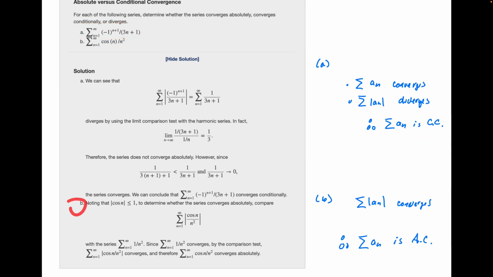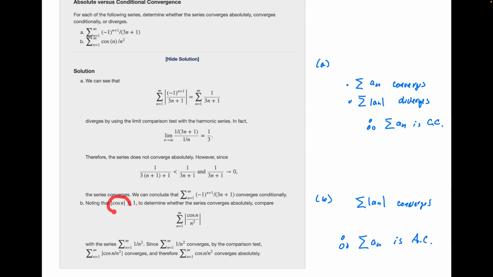How about part B? In part B, we're taking cosine as a numerator. Cosine can be positive valued, can be negative valued, but the size of cosine is always less than or equal to 1. Therefore, our given series is like a p series with p equaling 2.